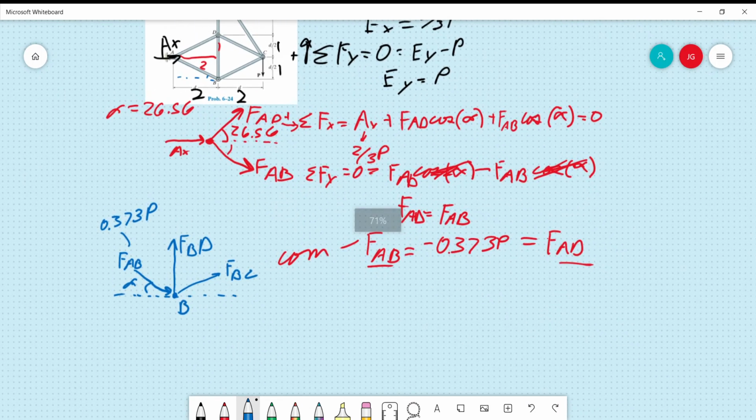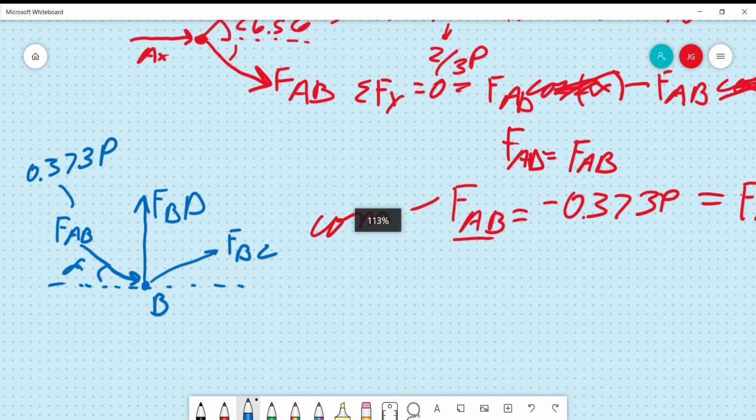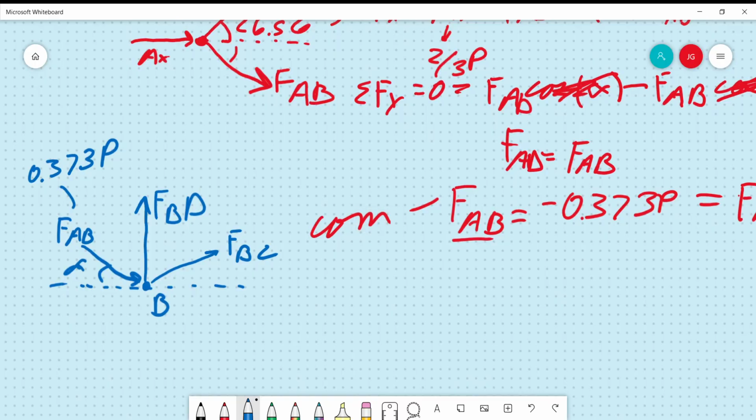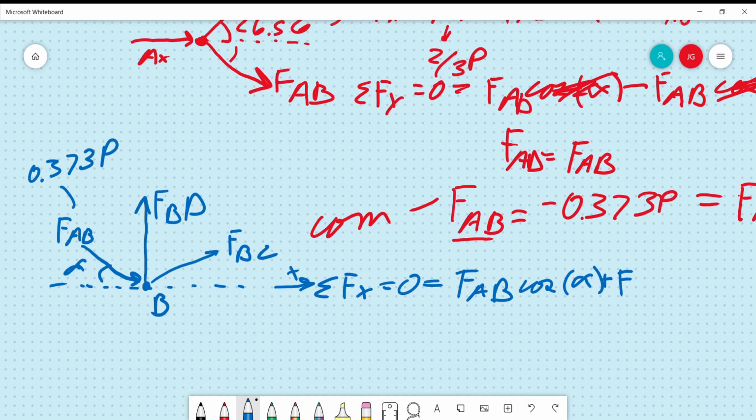And remember, alpha is equal to that nice 25.56. So first things first, do some forces of the x equals 0, which is going to give me an answer right away for FBC. Because it's going to be this way positive, and we're going to get FAB cosine alpha plus FBC cosine alpha.